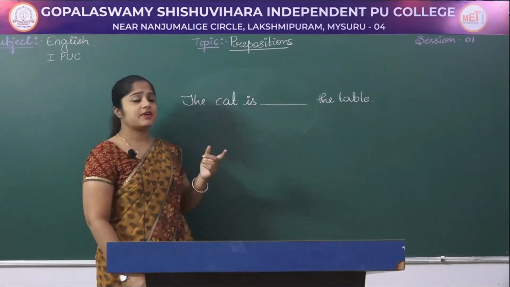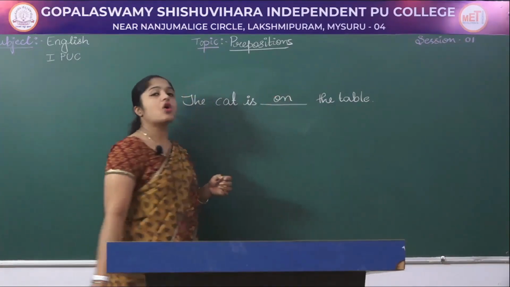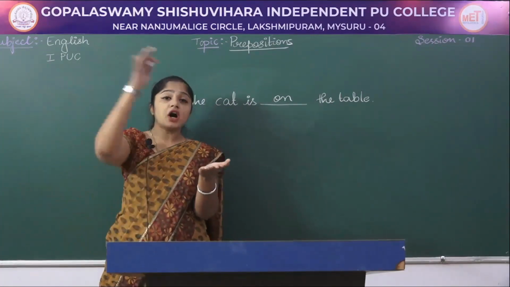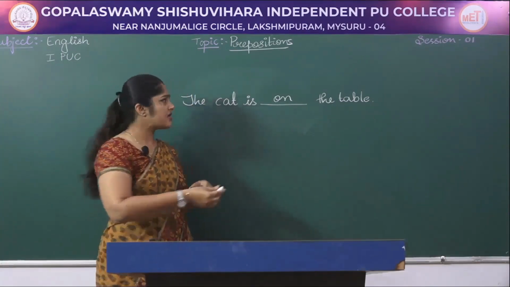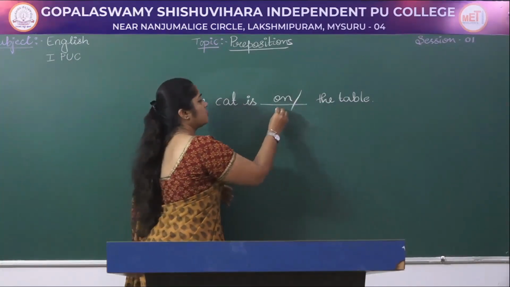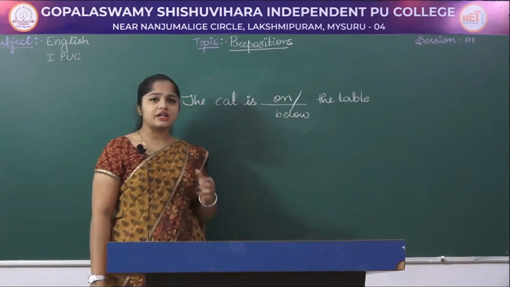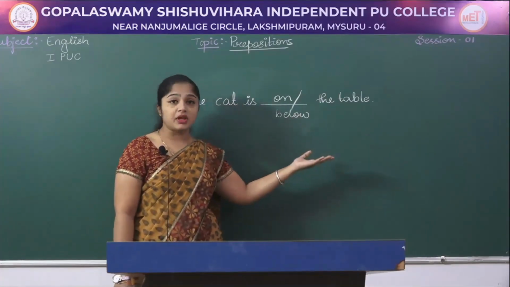For example, if I add, the cat is on the table, it is understood that the cat is above the table. In the same way, if instead of on I use below, it is understood that the cat is below the table.